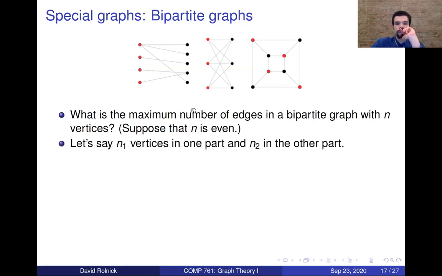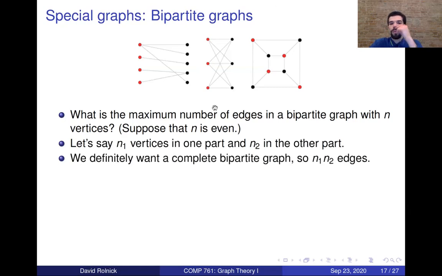So let's prove this. Say there are n1 vertices in one part and n2 vertices in the other part. We definitely will want all the possible edges, so it should be a complete bipartite graph. So there are n1 times n2 edges, every possible pair. Now, but what are n1 and n2?